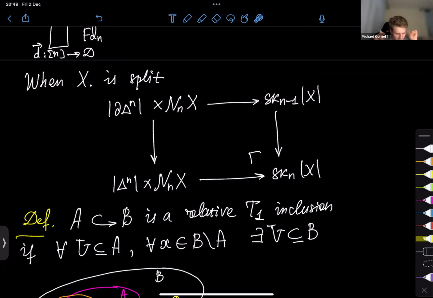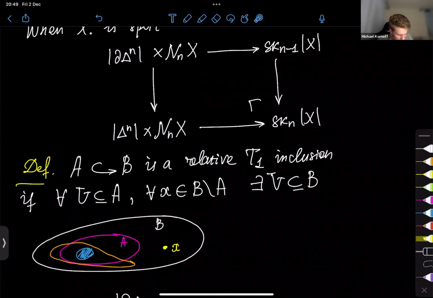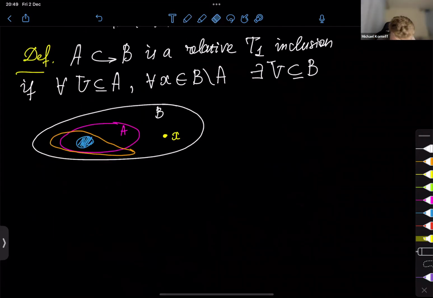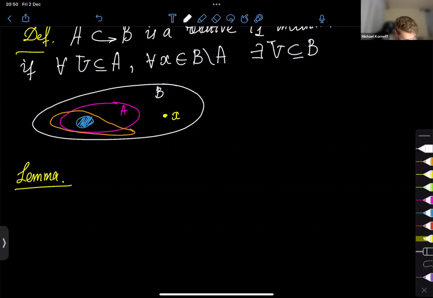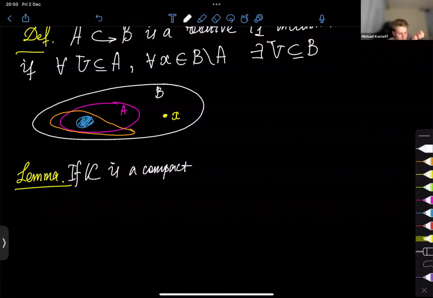It's an easy fact, and also there is the following lemma, which is a partial case of a small object argument.